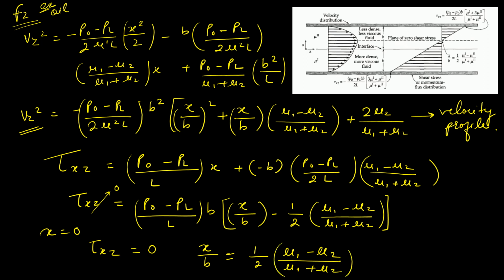So at x equals to 0, tau xz equals 0. Therefore x upon b becomes half of that.